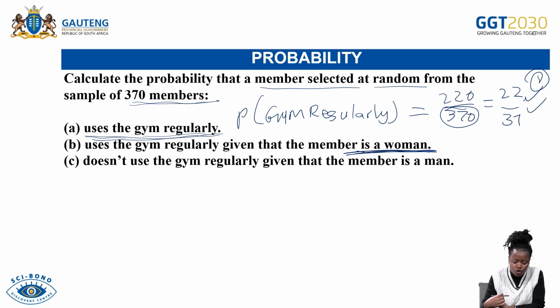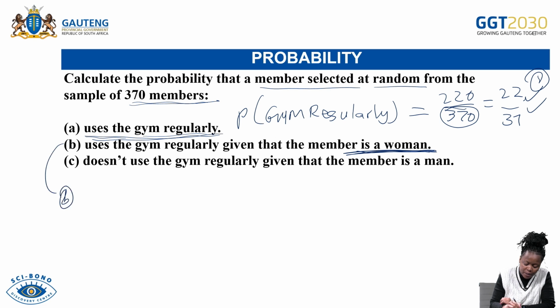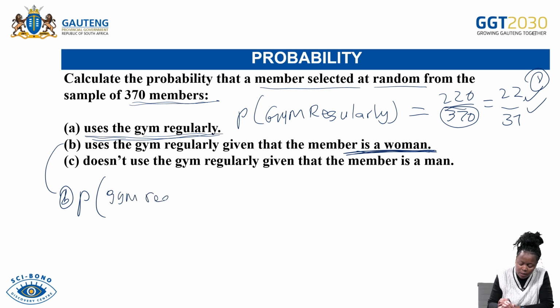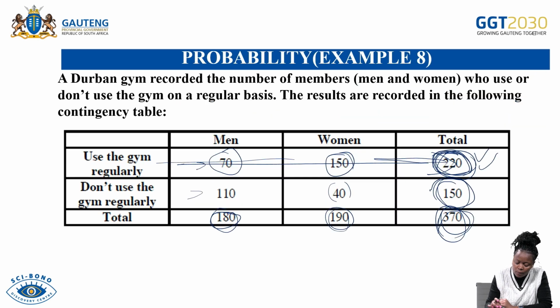So now we are going to look at the member that uses the gym regularly, but that member should be a woman. Right? So it means you'll say, letter B, the probability of getting a gym member that goes to gym regularly and that member is a woman, is going to be how many women go to the gym regularly?